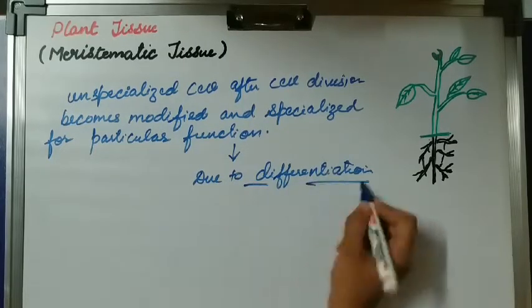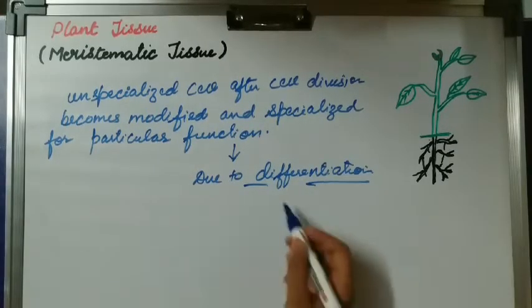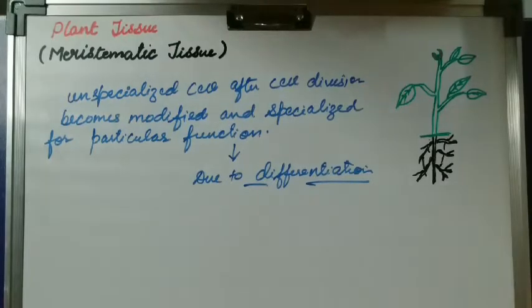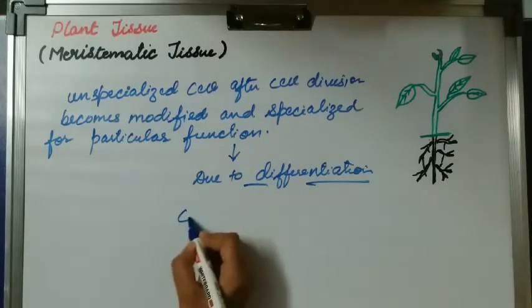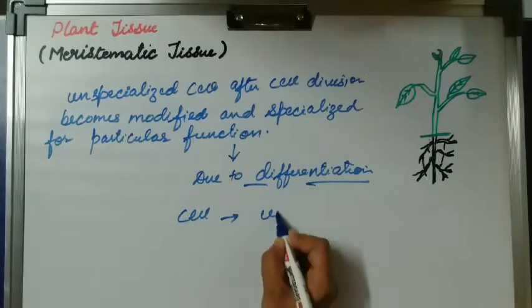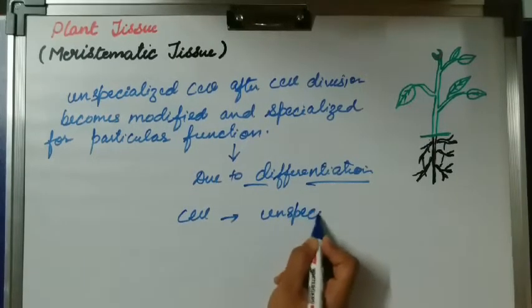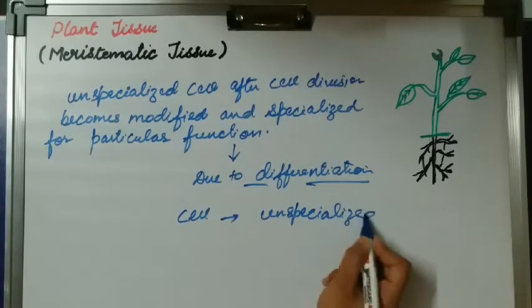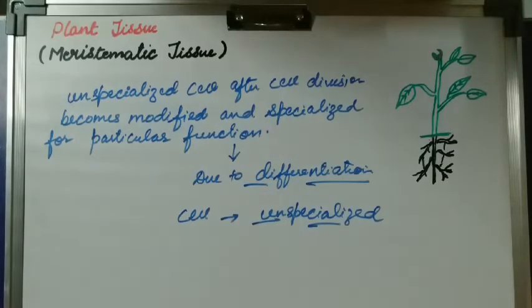There is a process known as differentiation. Due to this differentiation process, the cell which is once unspecialized, the cell is now unspecialized. It is not having any specialization to perform any function.